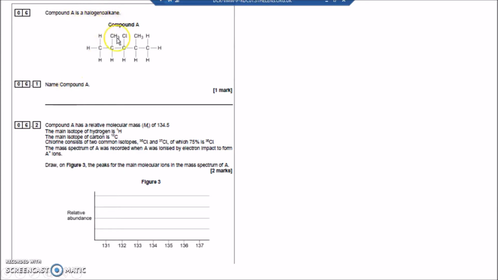Compound A is a halogenoalkane, so it's got a Cl group, it's got 5 carbons in a line, it's got 2 methyl groups, so it's pentane because it's got single bonds, 5 in a line.